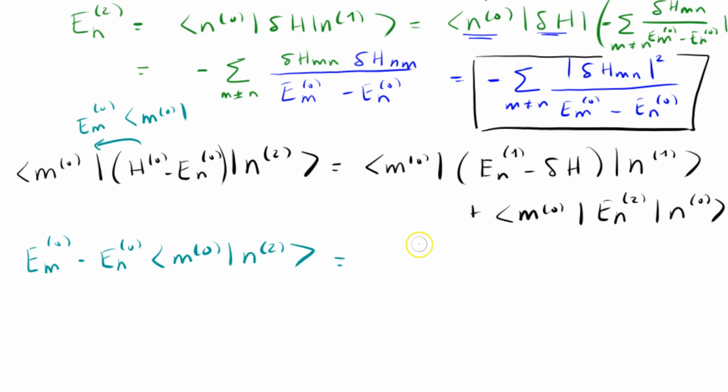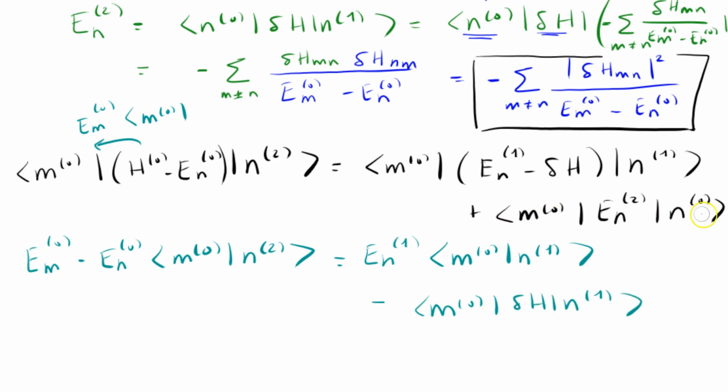This is going to give us en1, and then the matrix element m0 with n1, minus m0 delta h n1, and then this term is going to be 0 because m0 and n0 are orthogonal, so we're just left with this guy. Oops, I forgot a parenthesis again, my bad.